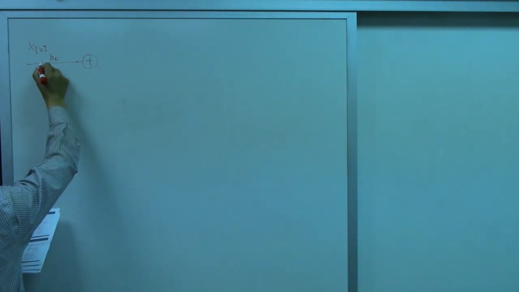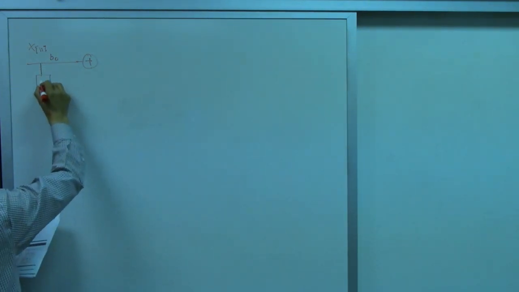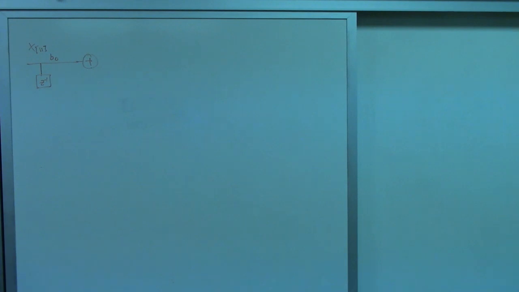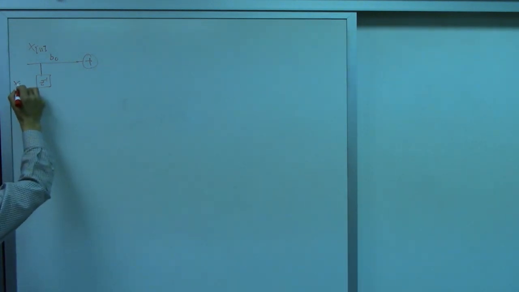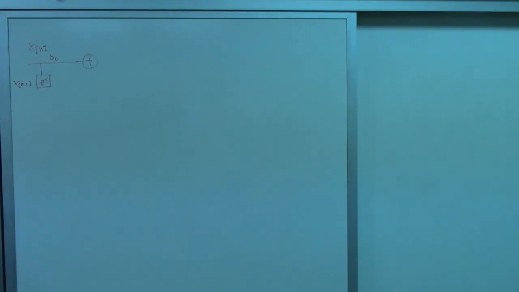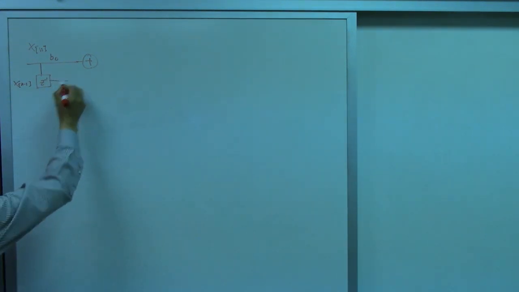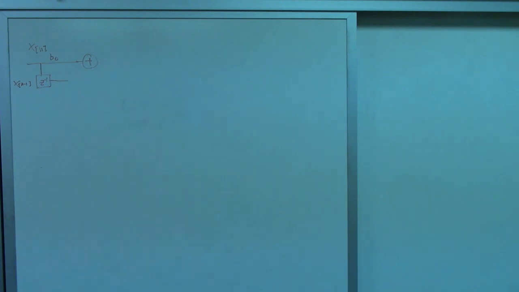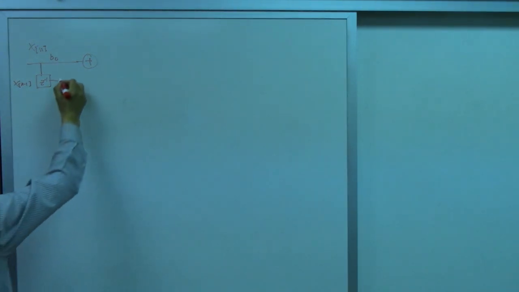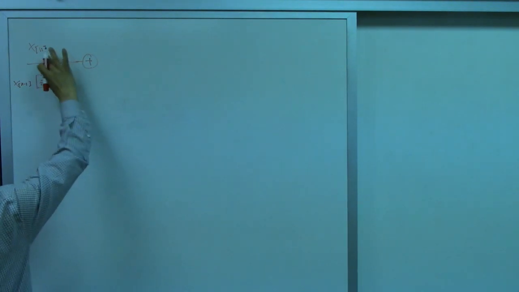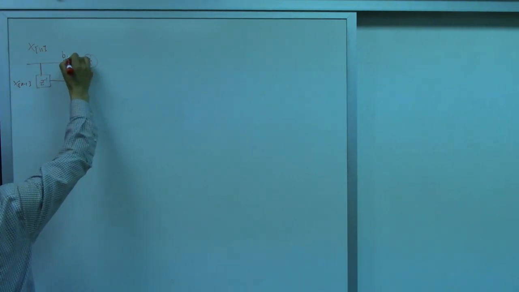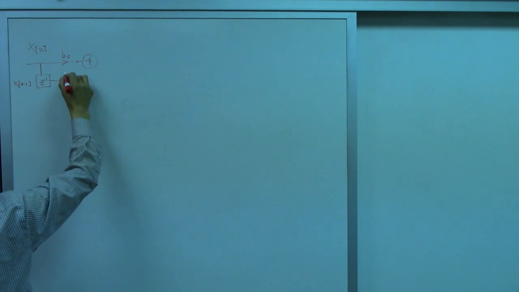Here we are delayed by one time, so we know this one is x[n-1]. And then we need to multiply by what? b1, right? Multiply by b1. So this one is times b1.